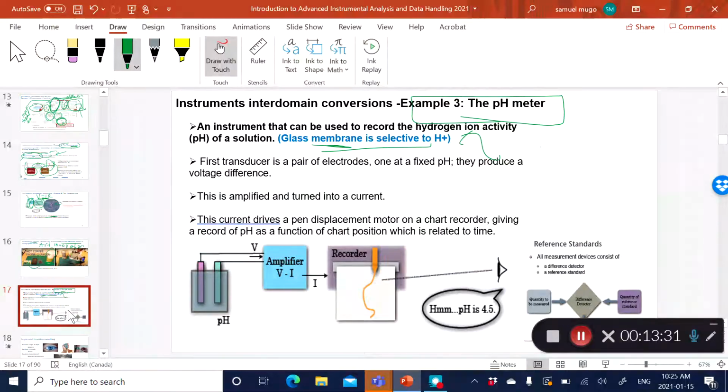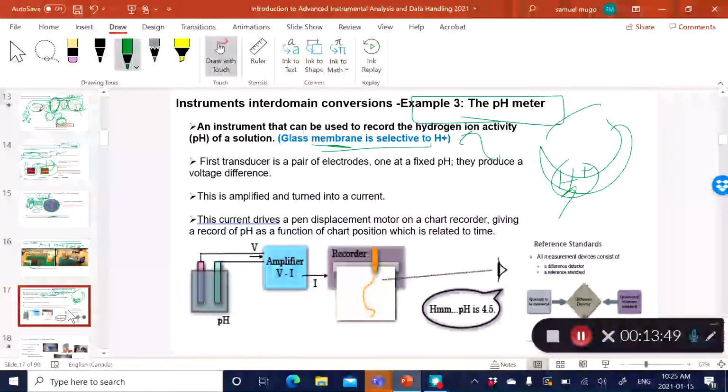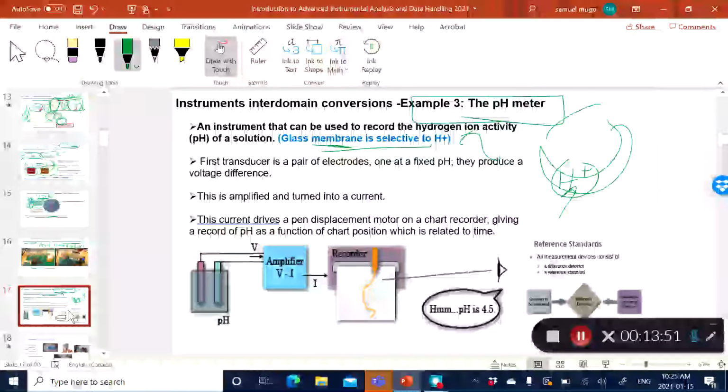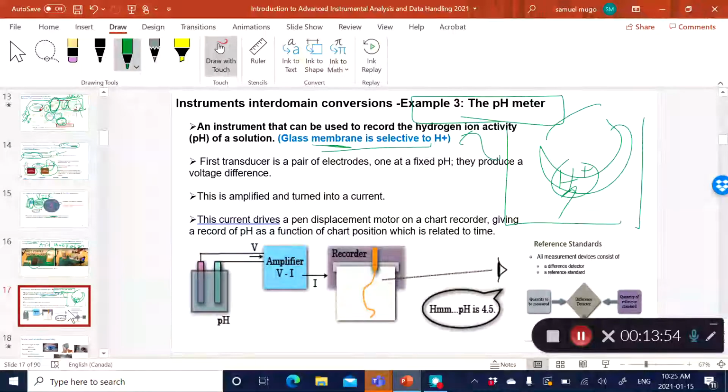And so if you've got a pH electrode, and you've got the glass membrane, the glass membrane can capture hydronium ions. Because remember, you create potential difference anytime there is a charge separation. If you've got, maybe that's the container, you've got hydronium ions here, some of them get captured by the glass membrane.